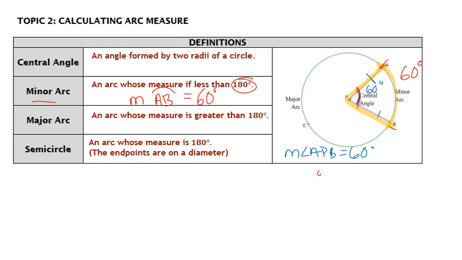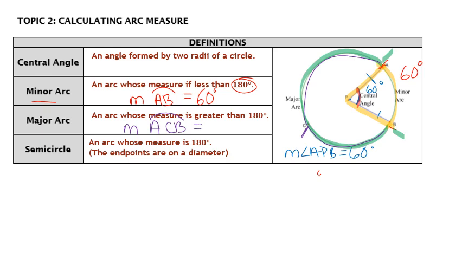A major arc is what happens if I want to find the other piece of the circle. For example, right? So I'm going the other way around. These both still have the same endpoints of A and B, but we need to signify we're going the other direction, and it's the long way around that's bigger than 180. So a major arc we name with 3 letters. So I would call this A, and we use a middle letter so it has to pass through, let's say, C. And I would say that ACB would be the other degree measurement.